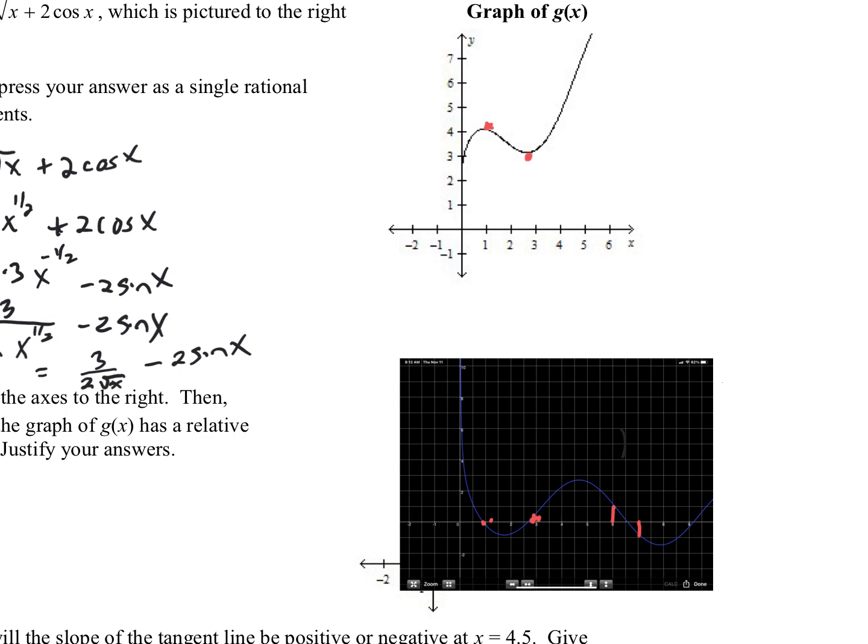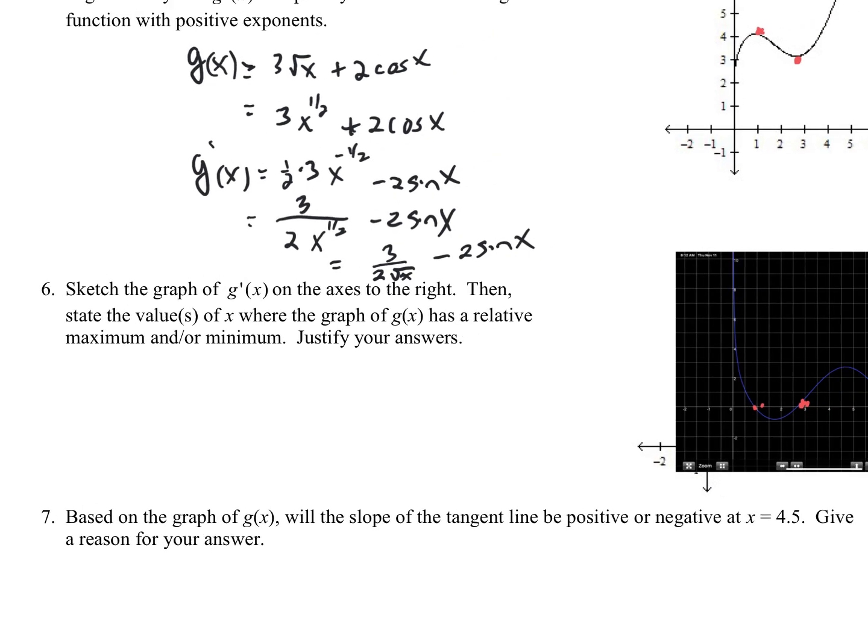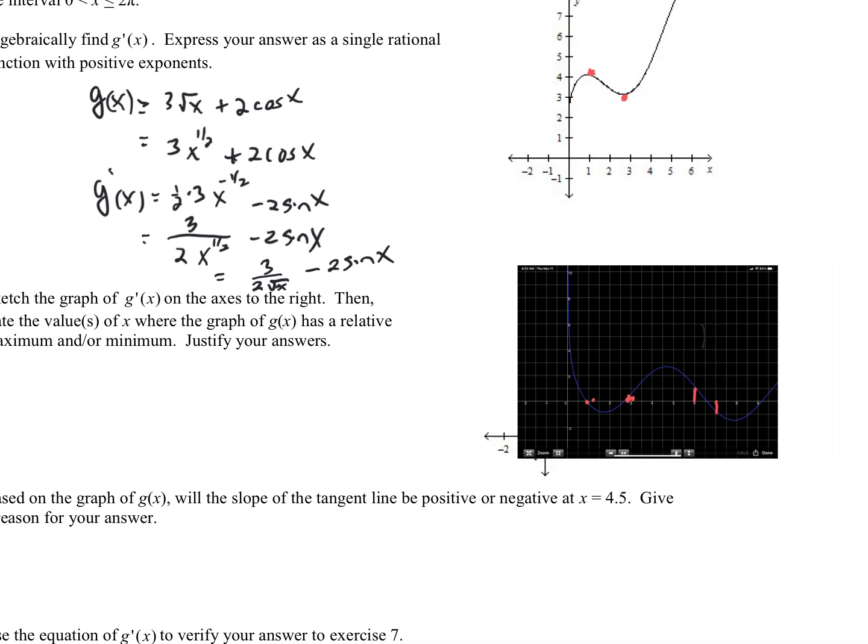And what was he asking me to do? State the values of x where the graph of g has a relative max or min and justify your answer. Well, obviously, I just did it. I justify it by saying around x is 1. x equals 1 was a relative max. And that meant max means the derivative had to be positive to negative. And there it is, positive to negative at that 0.